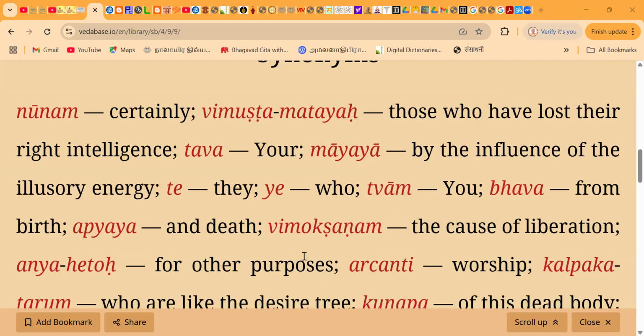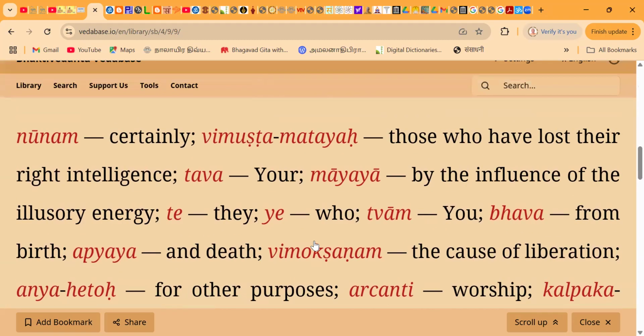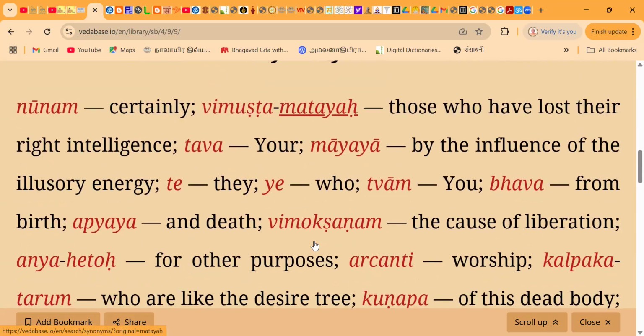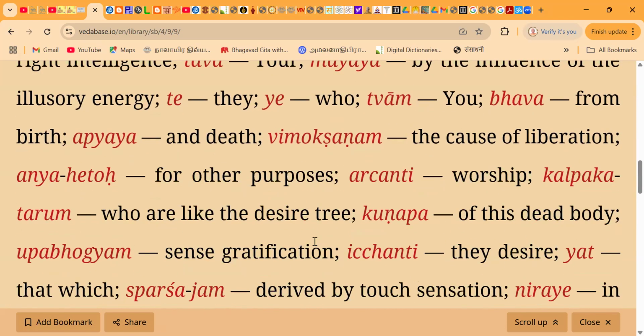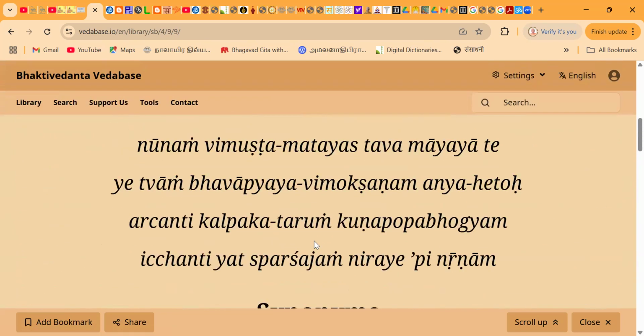Such people, kunapopabhogyam. Kunapa means a dead body. They want to enjoy this dead body.